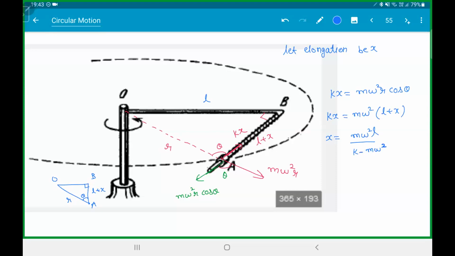Check, that's your answer. I think the mistake you guys are making is that you're not considering L plus x. That will change the radius of the circle, na?